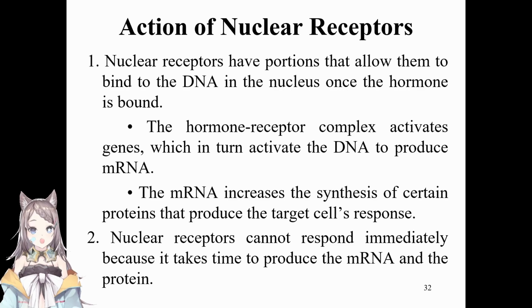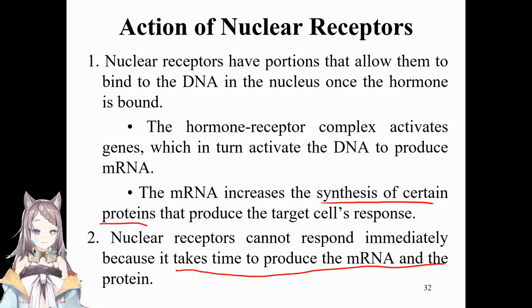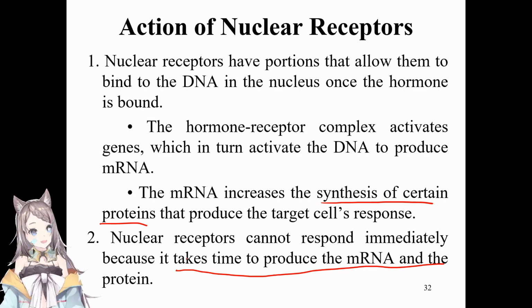Next, we have the action of nuclear receptors. Nuclear receptors have portions that allow them to bind to the DNA in the nucleus once the hormone is bound. The hormone receptor complex activates genes which activate the DNA to produce mRNA. Once the mRNA is produced, it will increase the synthesis of certain proteins. Nuclear receptors cannot respond immediately because it takes time to produce the effect.